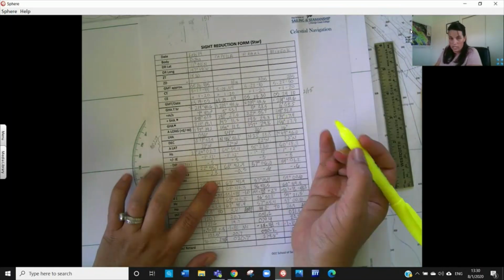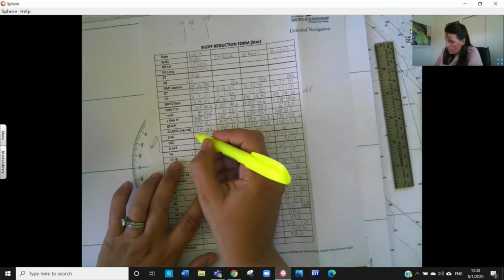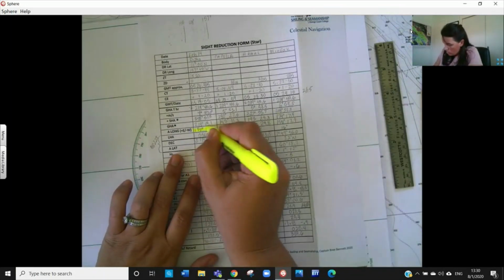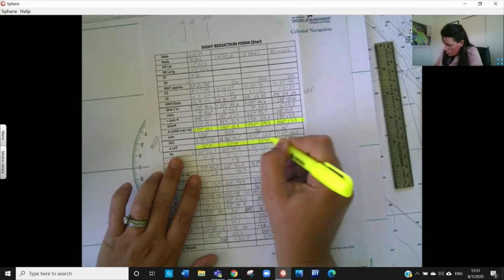So now I have my complete site reduction form filled out. So I'm going to highlight what I need to plot on the plotting sheet. I need my assumed position, so that's going to be my assumed longitude and my assumed latitude.